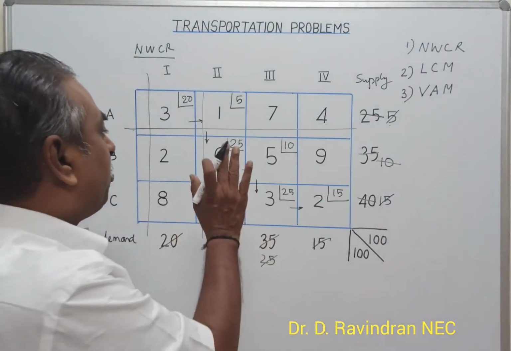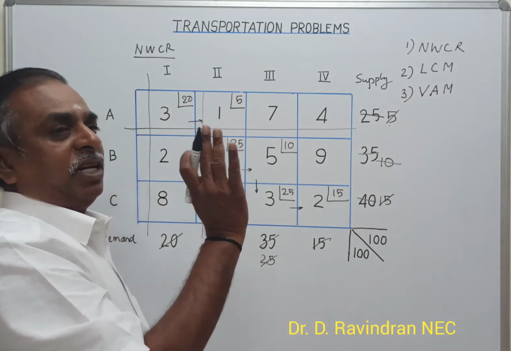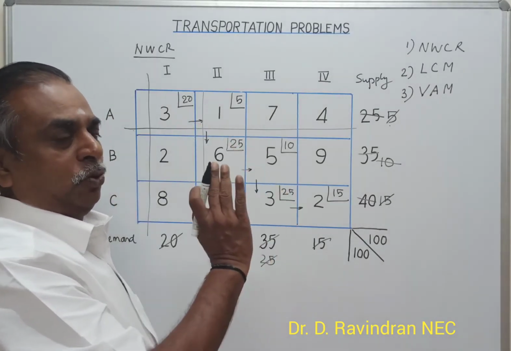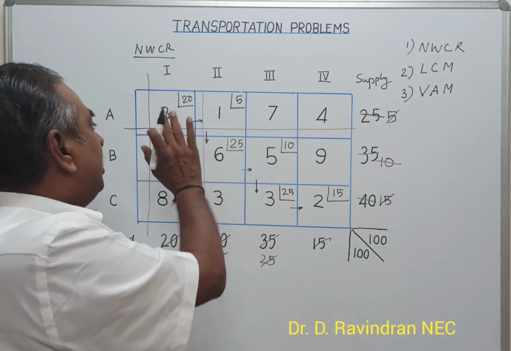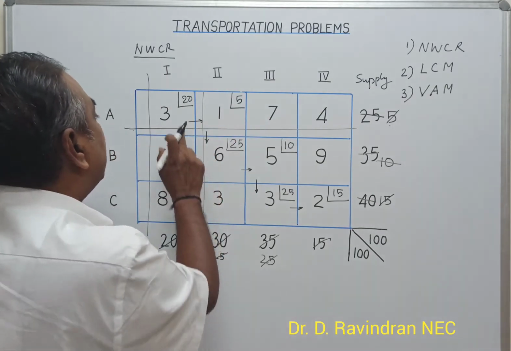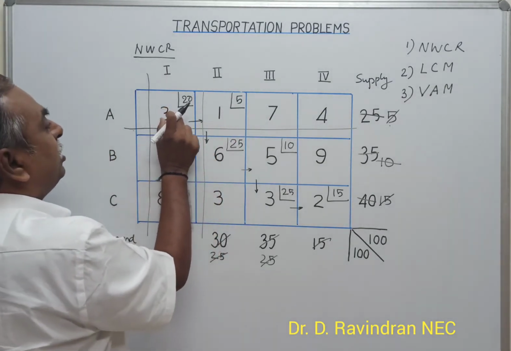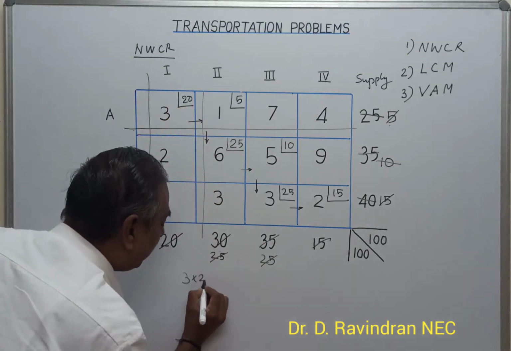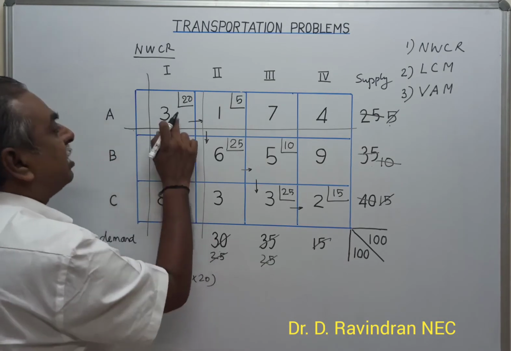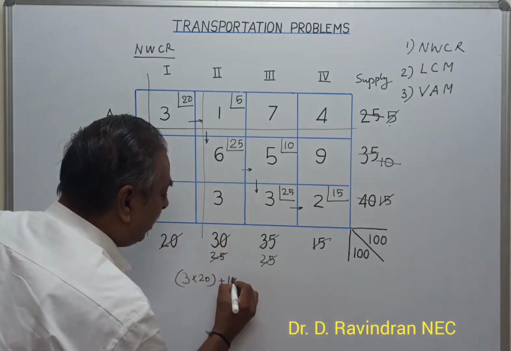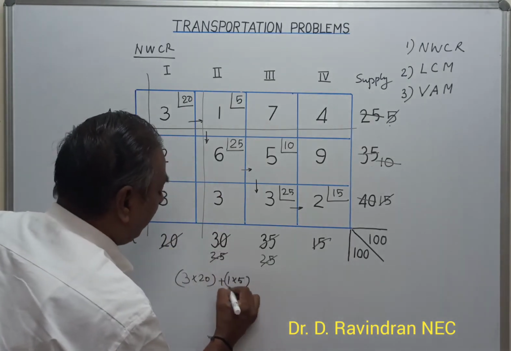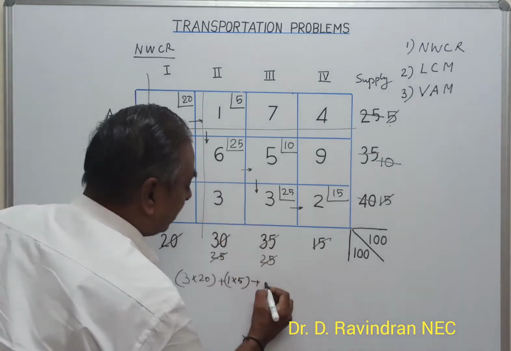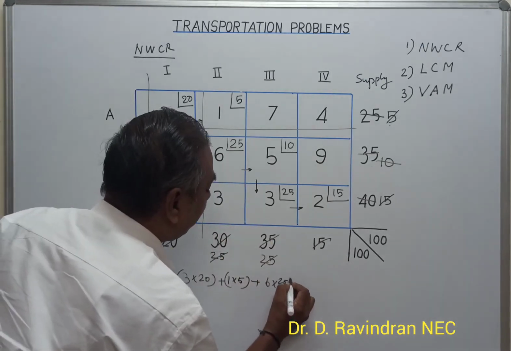So this is one possible way of transportation schedule. In this transportation schedule, the cost can be computed like this. The transportation of 3 units at 20 units: 3 into 20 will be the transportation cost for this cell. For the next cell, 1 into 5. For the next cell, 6 into 25.